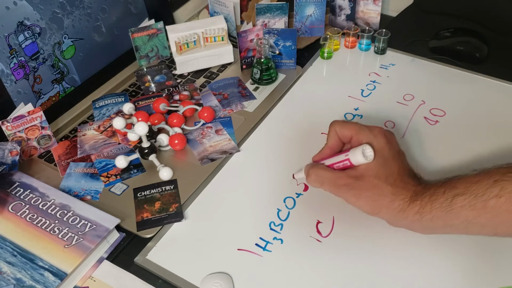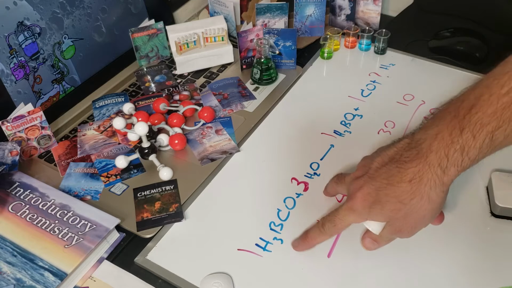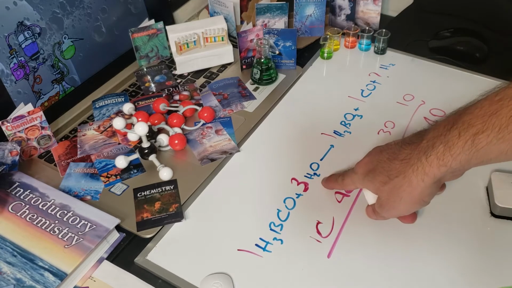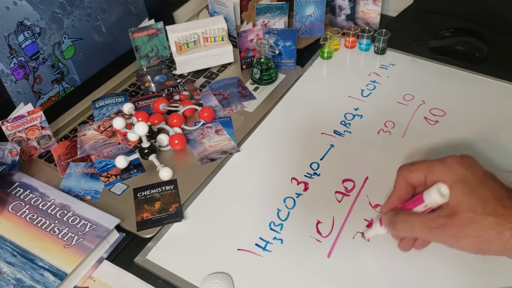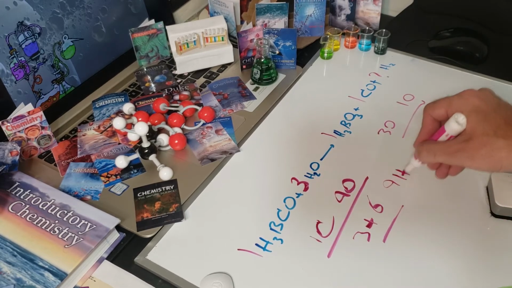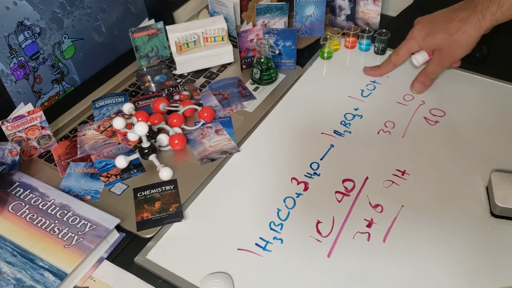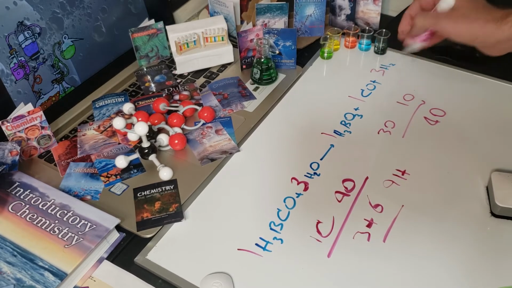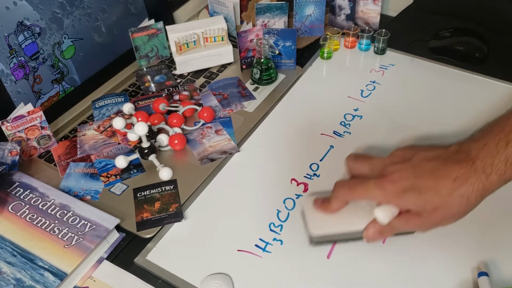Okay, so 3 H2Os to make 4 oxygens, and as you do so, you have all the coefficients, so you could count hydrogens in this part. Now 3 times 2, it's 6, plus 3, it's 9 hydrogens. And to make for the 9 hydrogen here, you have 3 already, and you need 6 more, so you do 3 times 2, which gives you 6. That's how you balance this reaction.